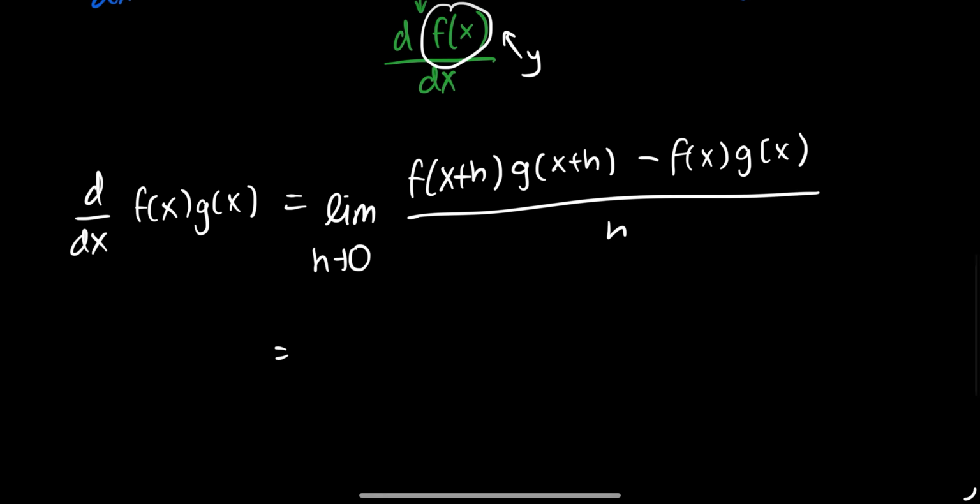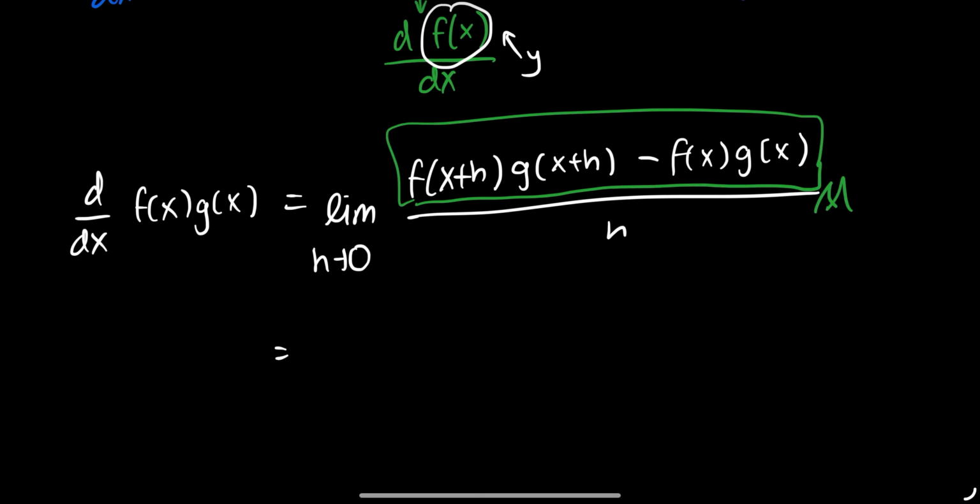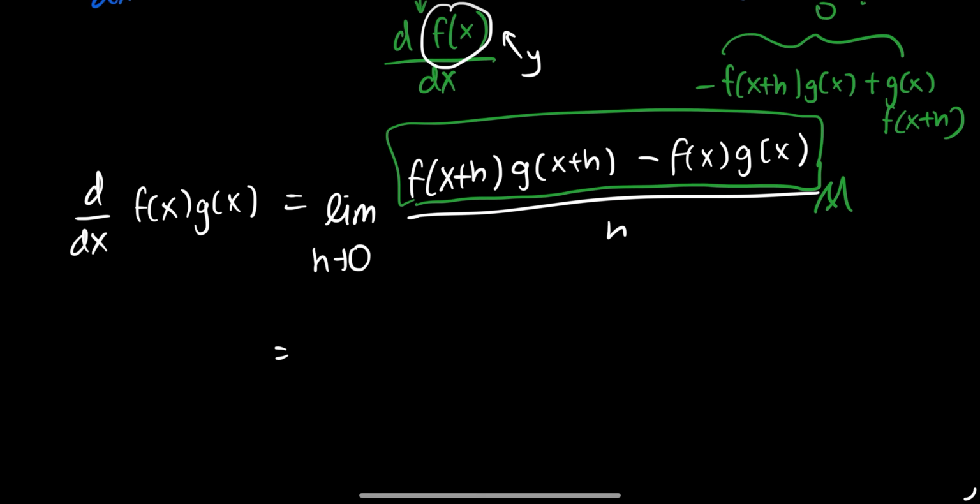I'm going to alter this entire expression by adding negative f(x plus h) g(x) plus g(x) f(x plus h). It's just nothing. This thing is just 0. But I'm just going to add them in.